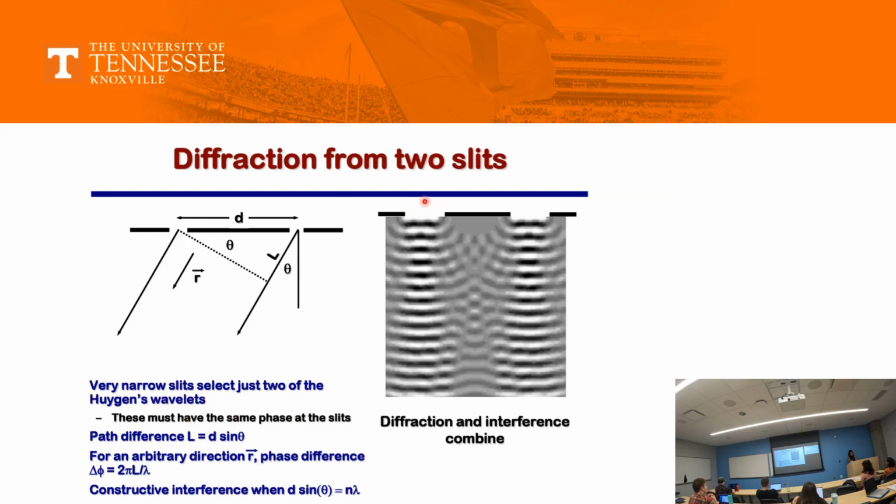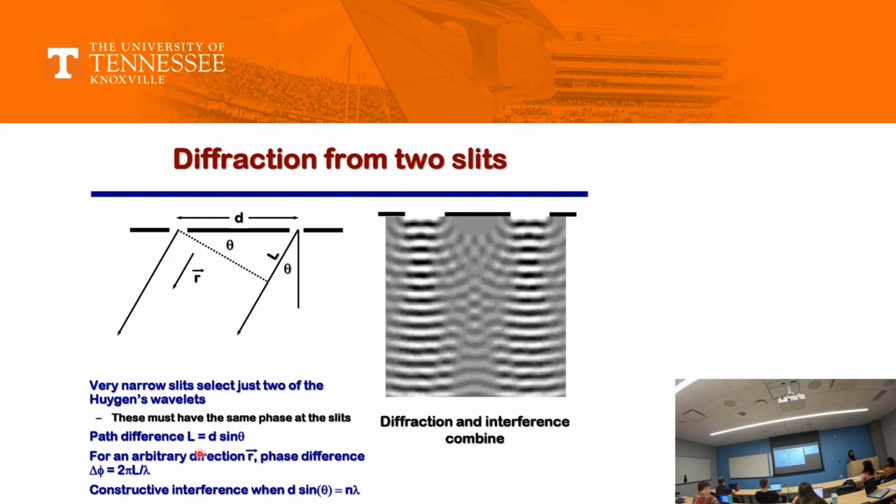Then that means the wavelets are very narrow here. They must have the same phase at the slits if you want to study it. Why should they have the same phase at the slit? Because if there is already a phase difference, then you will already have lambda or lambda by 2 separation of constructive and destructive interference.